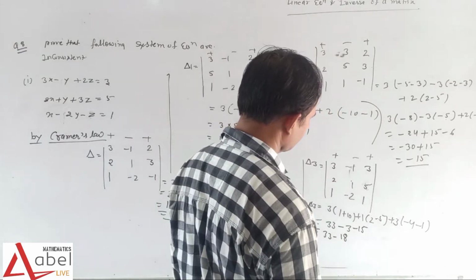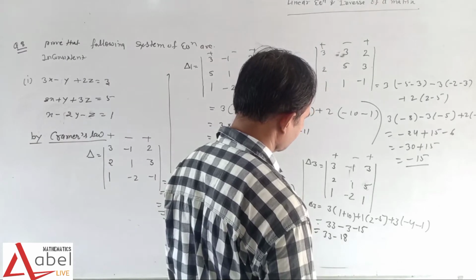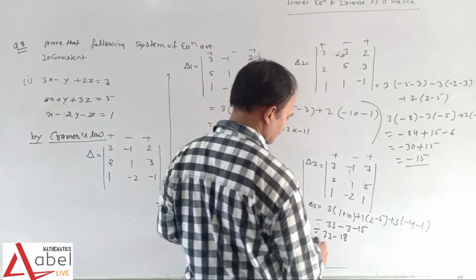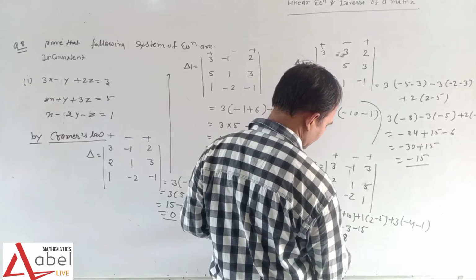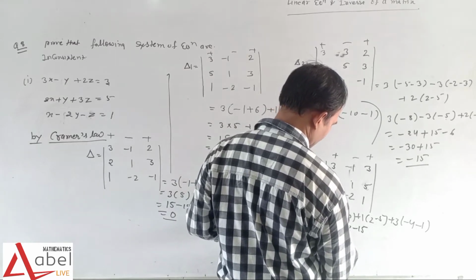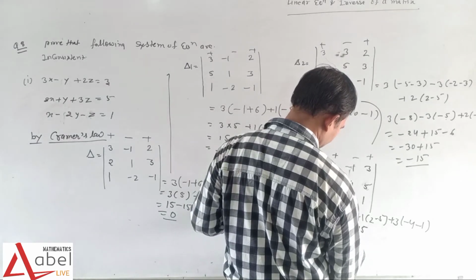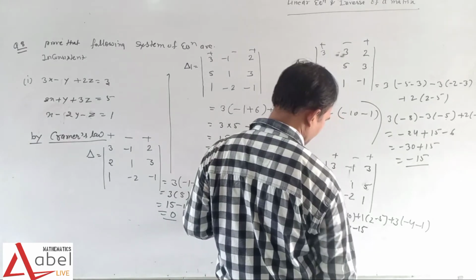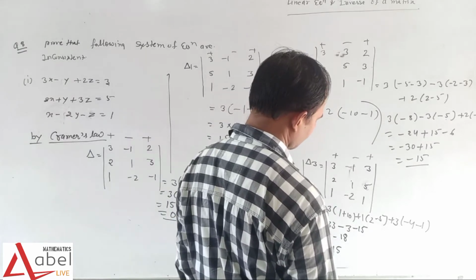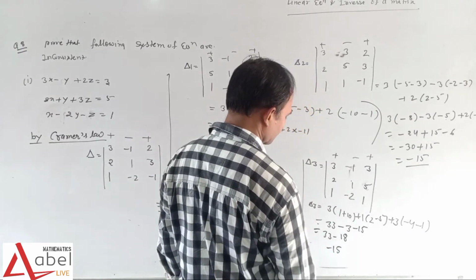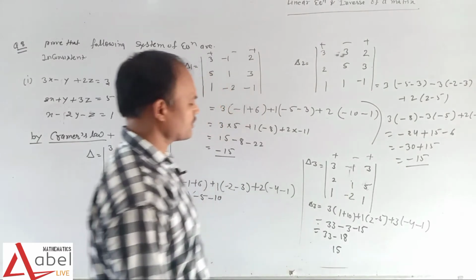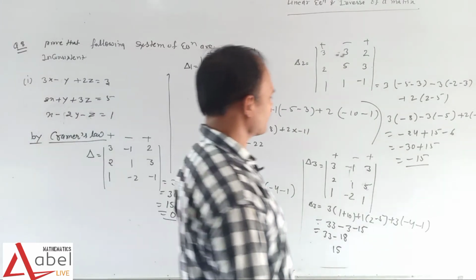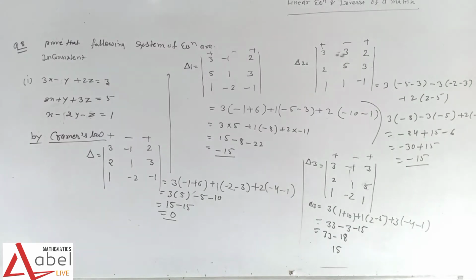It is 5 and it is 15. So we can say that it is positive 15. So we have the values of delta 1, delta 2, delta 3 now. Now we have to find the values of x, y and z.